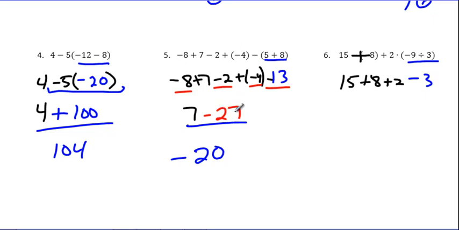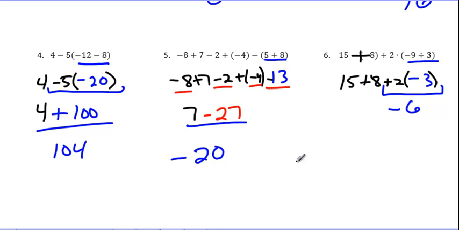And remember, this is multiplication here, so I'm going to show that multiplication somehow. Next up I have addition and multiplication, so I'm going to do multiplication next. Notice how I'm including that sign right there in front of the number 2. So I have a positive times a negative, which is a negative. 2 times 3 is 6.